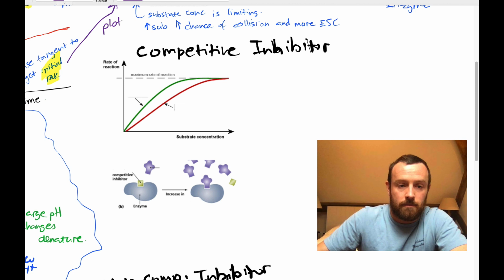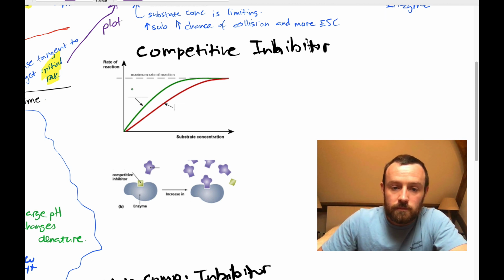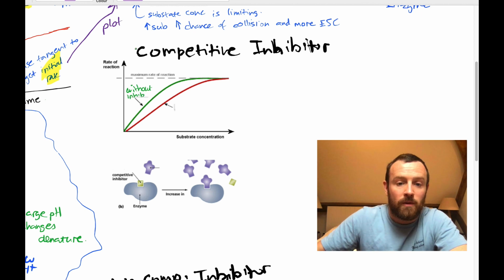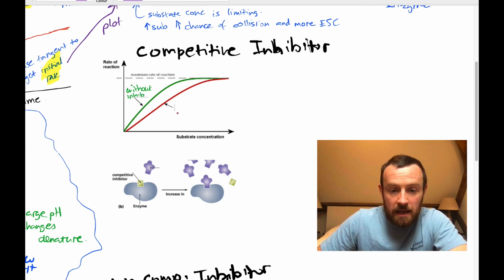So the green line is a rate of reaction without inhibitor. Okay, without inhib, that's supposed to say, and here it is with an inhibitor.